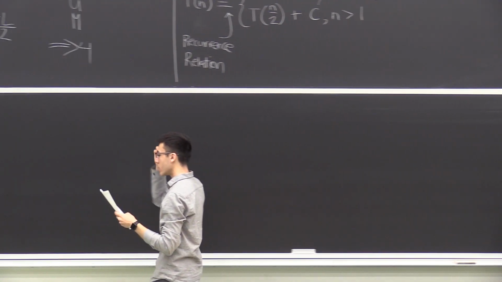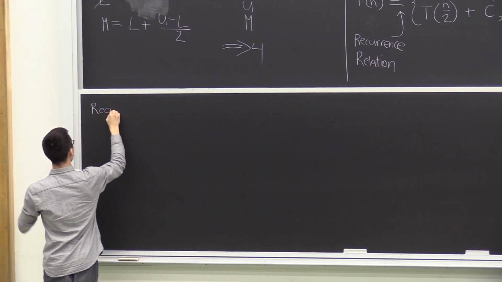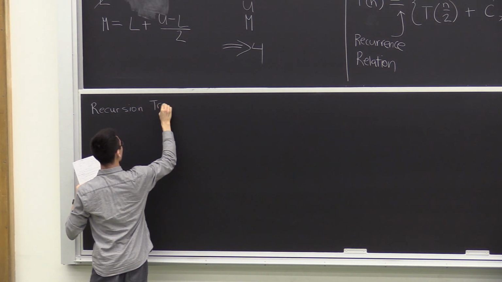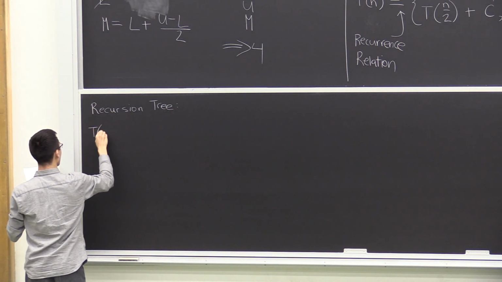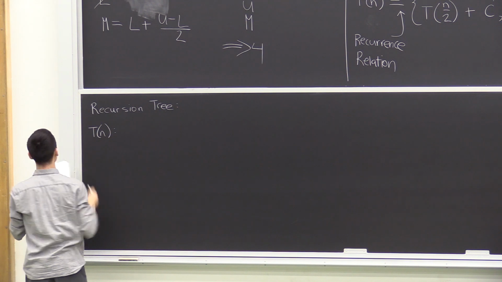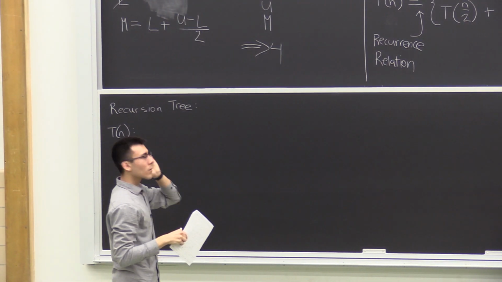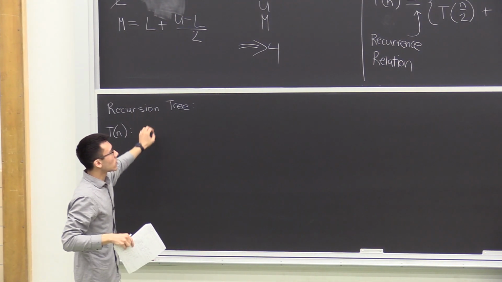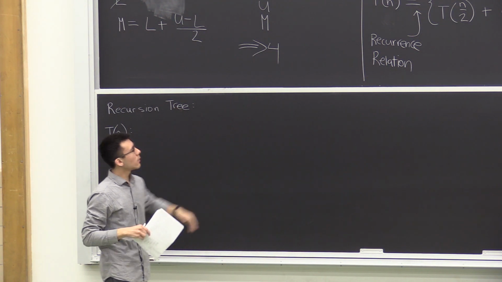Recursion tree. So we're going to consider T of n again, okay? And what we're going to do is try to write out all of the terms that are entailed in that equation there.